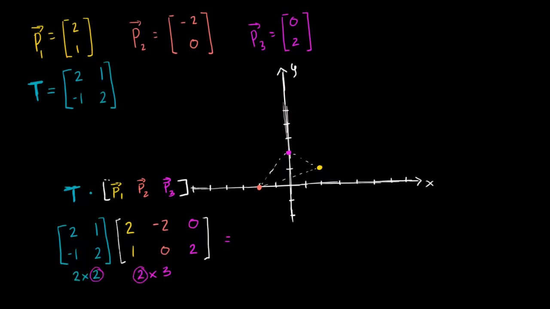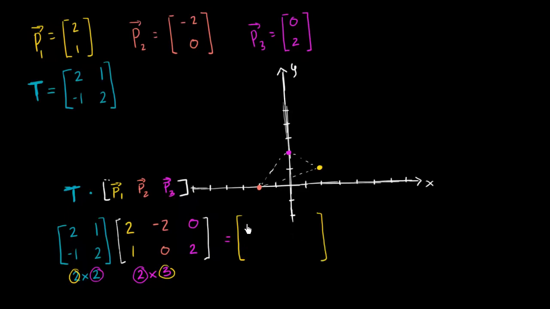And it's going to result in a 2 by 3 matrix. So 2 rows and 3 columns, which we could imagine represents 3 new column or 3 new position vectors. So what's this going to be? Let's go step by step.